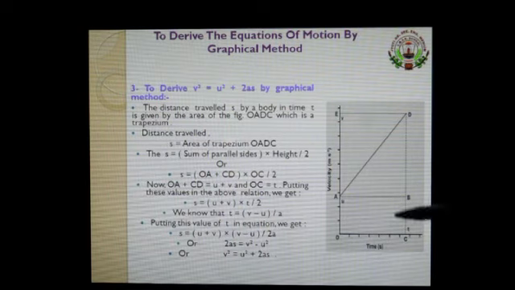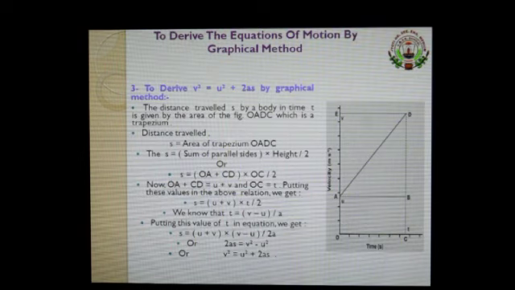What is the shape of this figure? It is a trapezium. And what is the formula for calculating the area of a trapezium? That is the sum of the parallel sides into height upon 2, or half of the sum of the parallel sides into height.